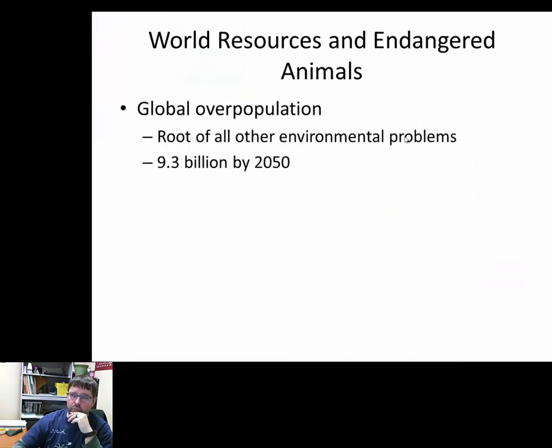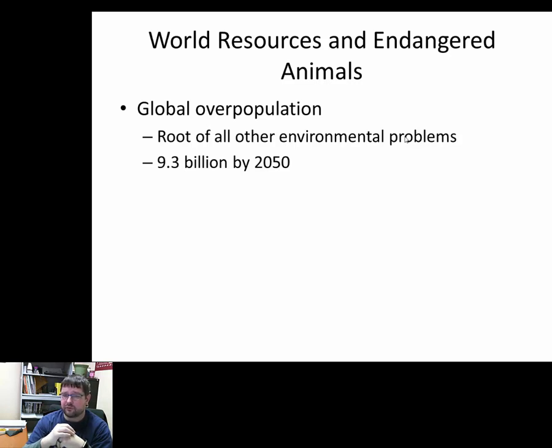So we will talk a lot more about this endangerment of animals, or this connection between humans and the environment, humans and extinction rates and things like that. But most scientists, most biologists, most animal biologists would probably agree that the root of almost all environmental problems is overpopulation.